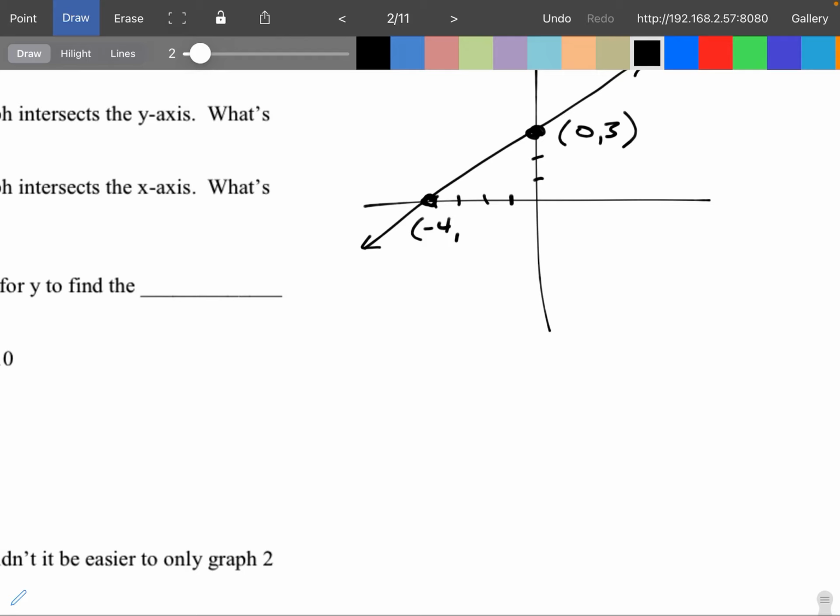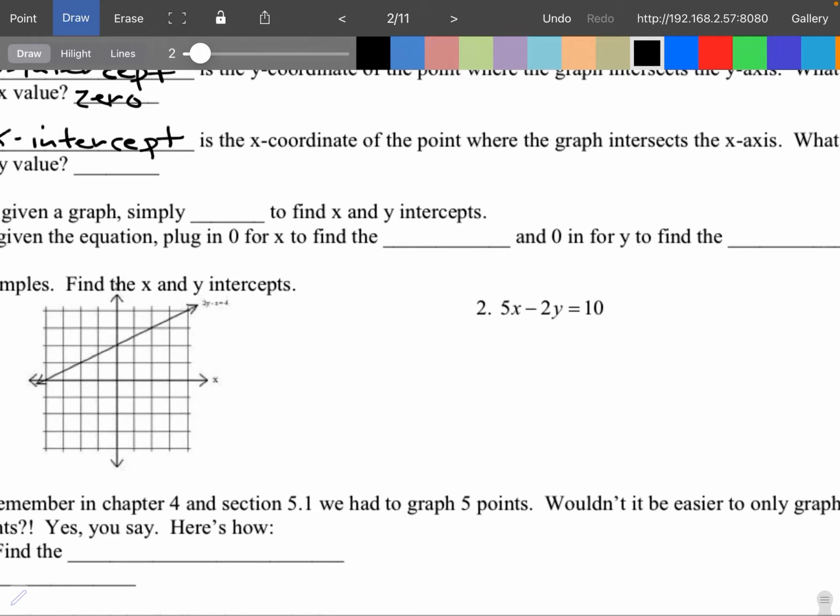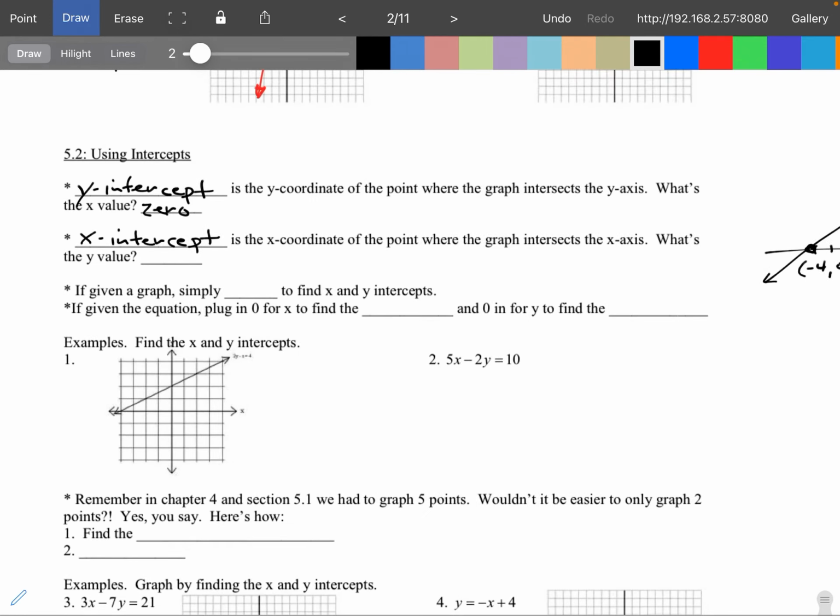So on our picture over here, what would that be? What's the x-coordinate of that point on the left there? Negative 4, right? It'd be negative 4. So that's the x-coordinate of the point where the graph crosses or hits the x-axis.